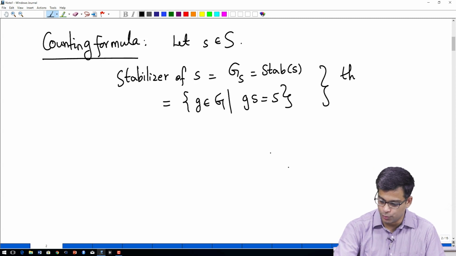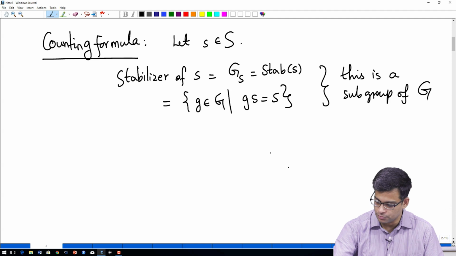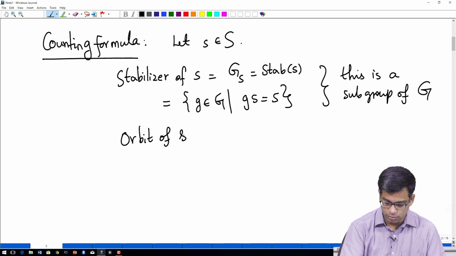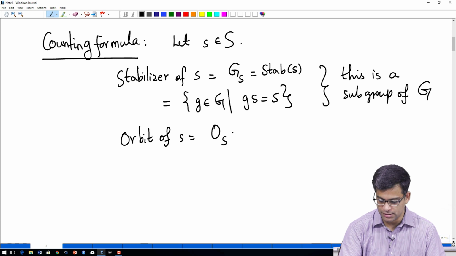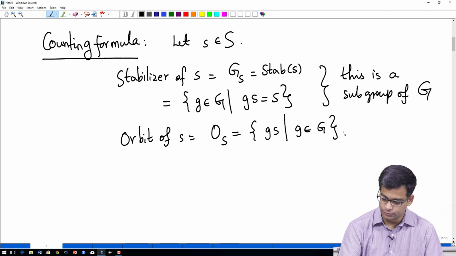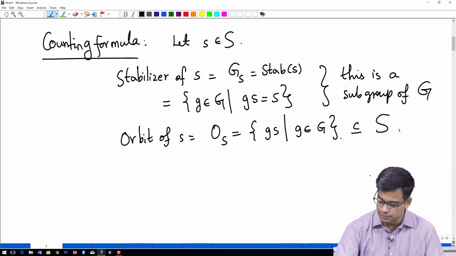Remember that this is a subgroup of G. The other important set that we have attached to small s is the orbit of s, which I denote by O_s. It is a subset of S given by gs, g belonging to G.